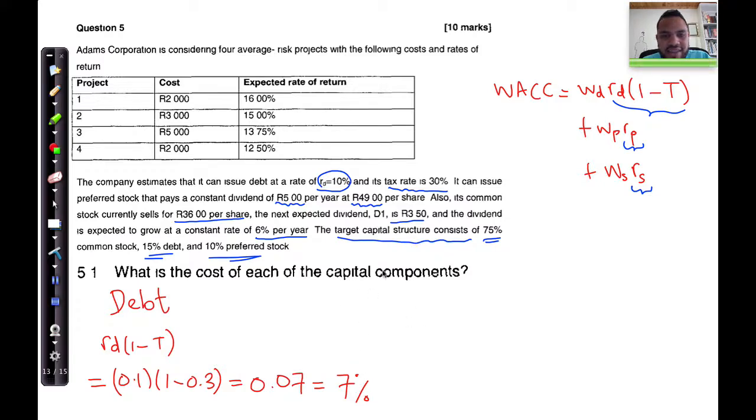Now let's look at the cost of preference shares or preference stock, right? Cost of issuing preference stock will give us the following. So let's just list that as KP or RP, seeing that I've used R over there. That's equal to D, which is the dividend at present, divided by the price at which preference stock presently sells. And that is given to us over here.